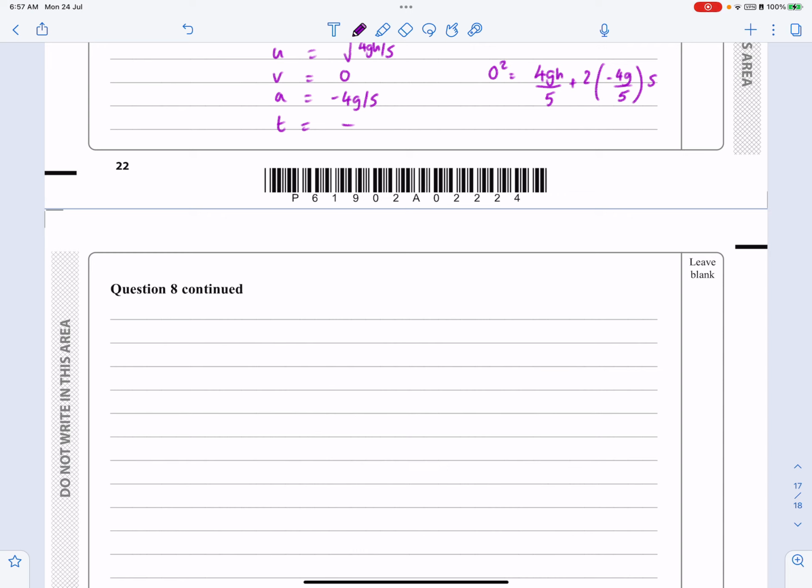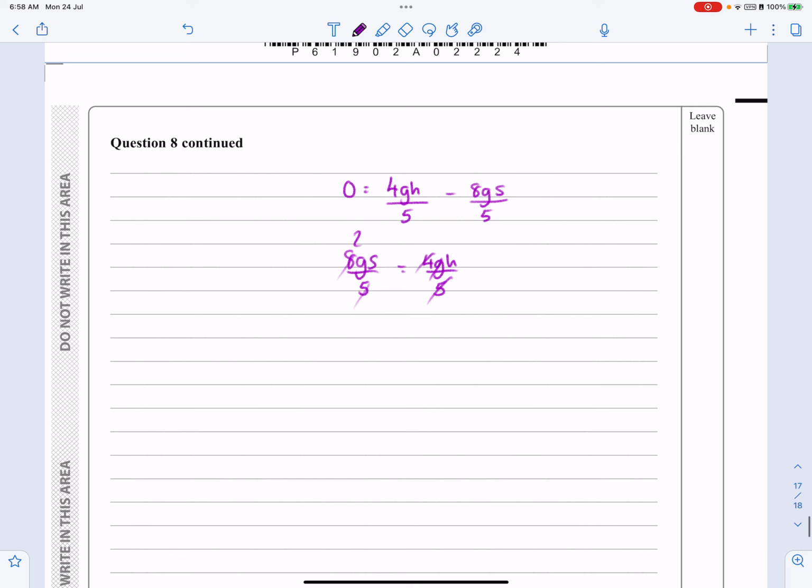So I'm actually going to call this 0 equals 4gh over 5 minus 8gs over 5. 8gs over 5 equals 4gh over 5, and a lot of it can cancel.